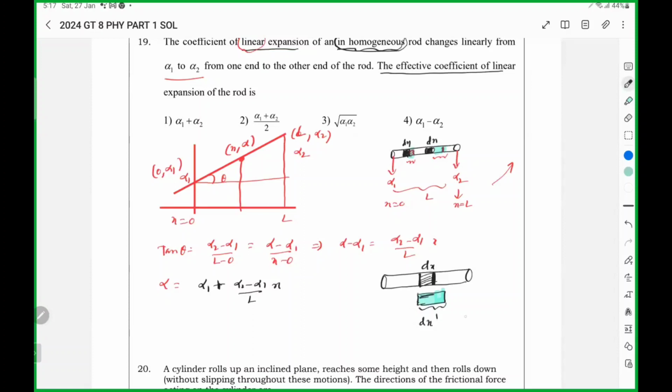Original length dx, dx dash equal to dx into 1 plus alpha delta t, or dx dash minus dx is dx into alpha delta t. So the small strip, this is the extension in the small strip, that is delta L, dx into alpha delta t.